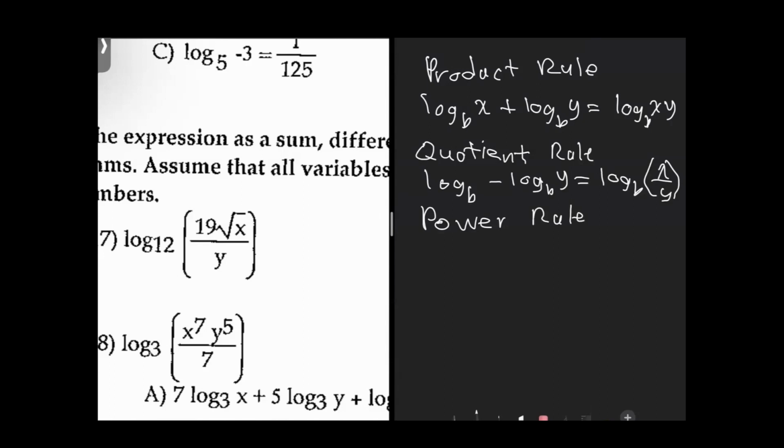The power rule says if you have a number in front of the log, it can be rewritten as log base b of x to the n. So these are some properties you'll need to keep in mind.